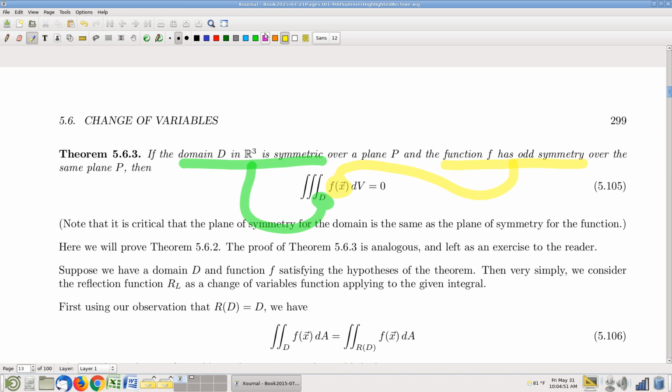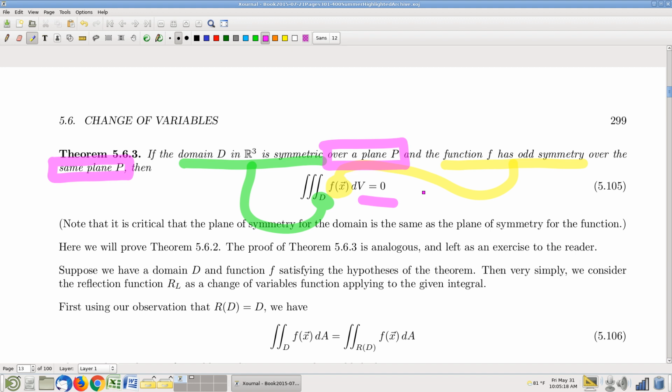Again, it's got to be over the same plane. Right? You can't have one plane of symmetry for the integrand and a different plane of symmetry for the domain. That absolutely does not work. But if you have both conditions met over the same plane, your integral is 0. Again, world's easiest integral to compute.